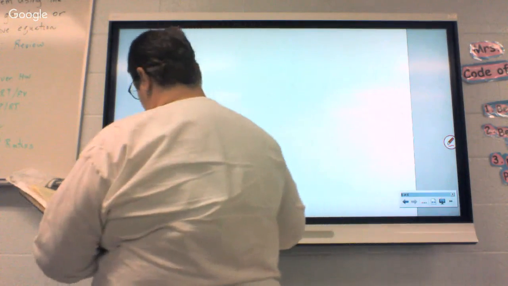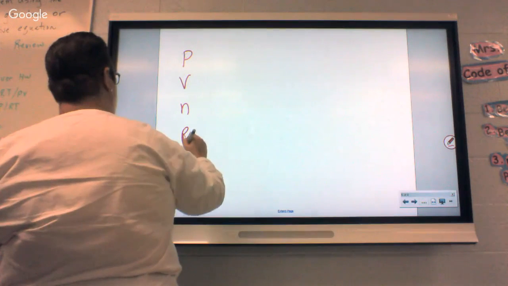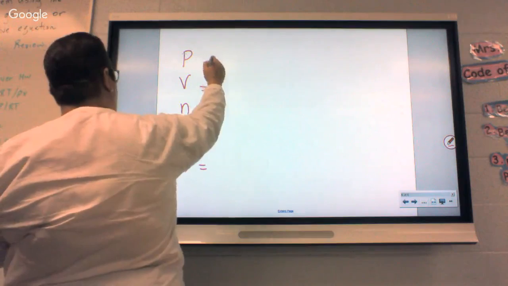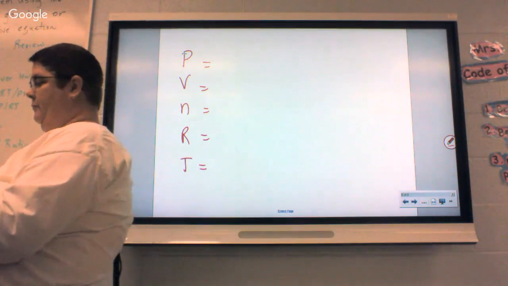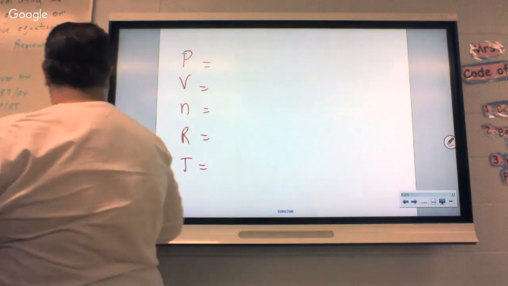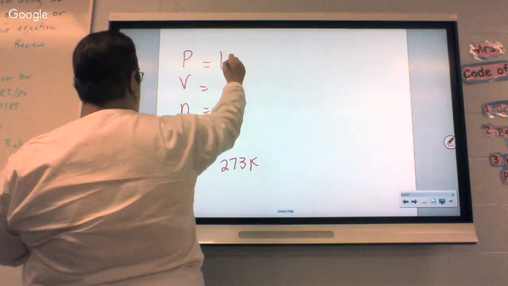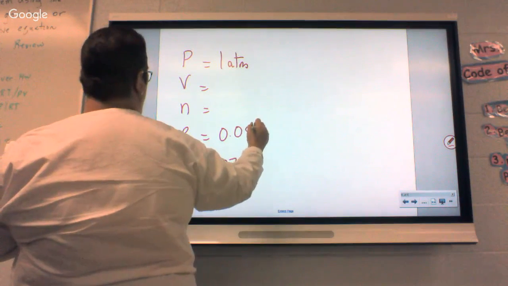All right, so number 4, again, we're using PV equals nRT. So number 4, they gave you what for the question? Okay, so we know 273K, we know 1 ATM, and we know R is 0.0821.